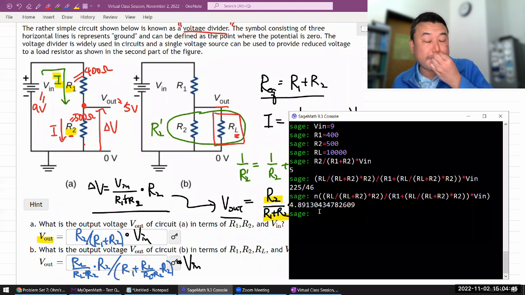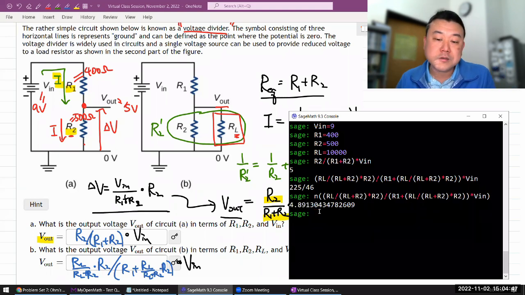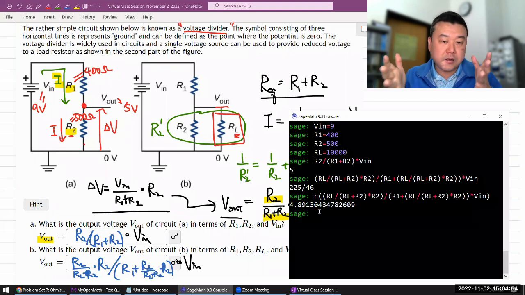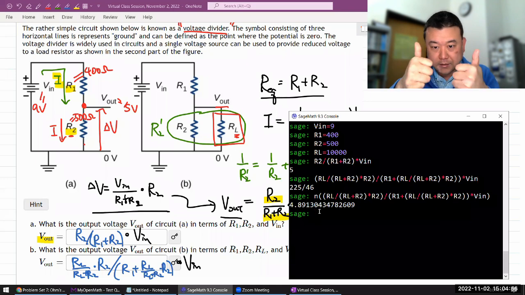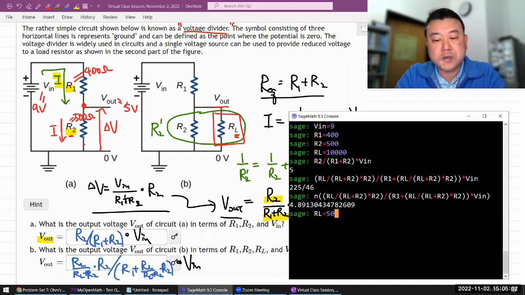Maybe that's perfectly fine. You build in 10% tolerance, you can handle as low as 4.5 volts, and you're fine. And if that's the regime where your circuit worked, that's great. But imagine a different scenario where your load resistance is maybe as low as 50 ohm. There are some devices that are built around 50 ohm terminal resistance.